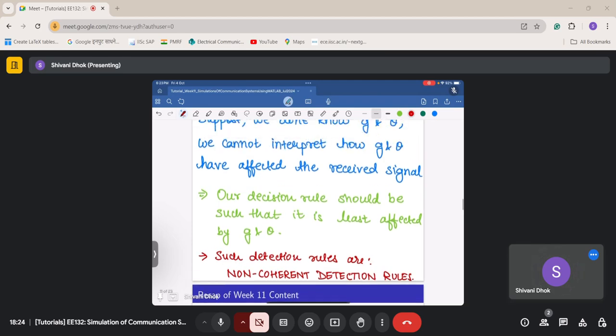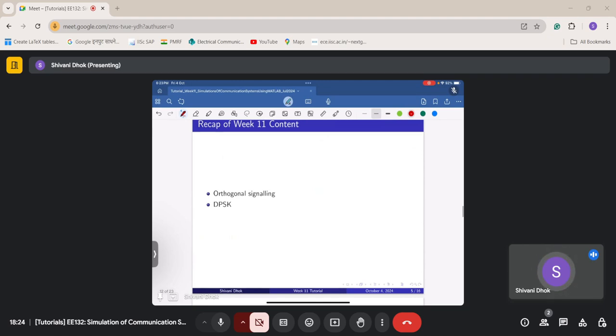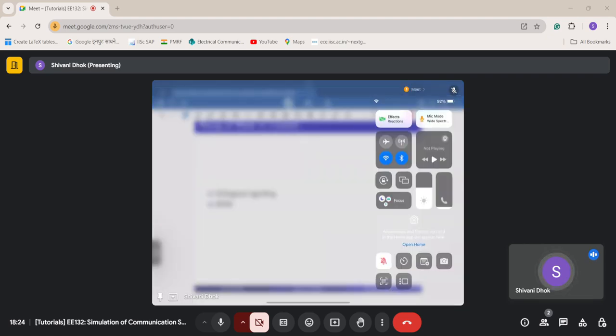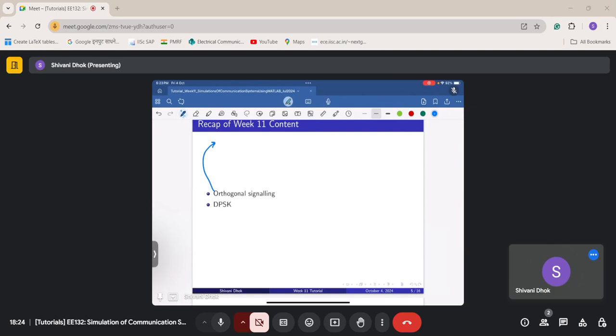Okay, and two cases we saw for non-coherent detection. First one was orthogonal signaling. It simply means that an m point constellation has m dimensional signals, and each signal is orthogonal to each other.